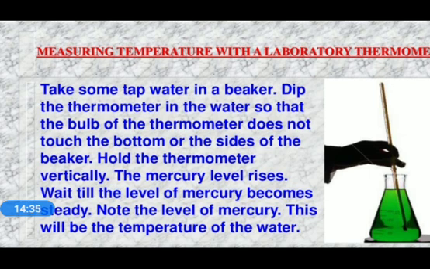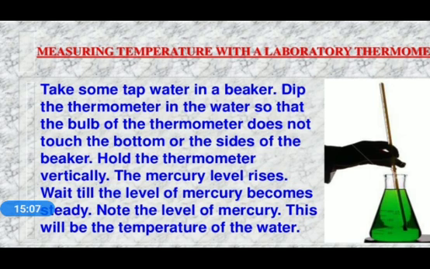It is a very necessary condition that whenever we take the temperature with the help of a laboratory thermometer, the bulb should not touch the bottom of the beaker or its walls, and it is fully dipped into the liquid. That is an important thing when we are taking the temperature with the laboratory thermometer.